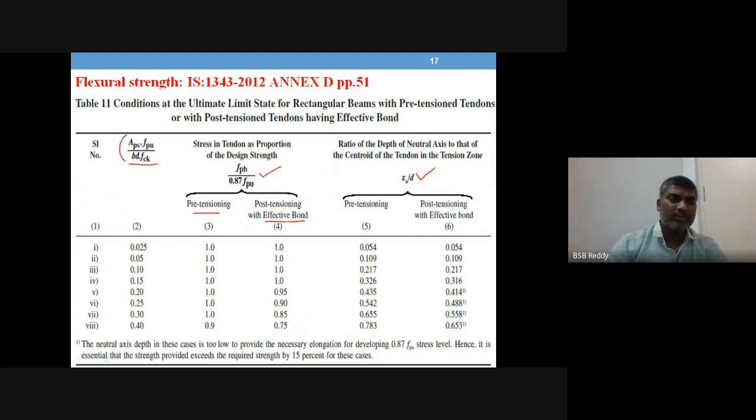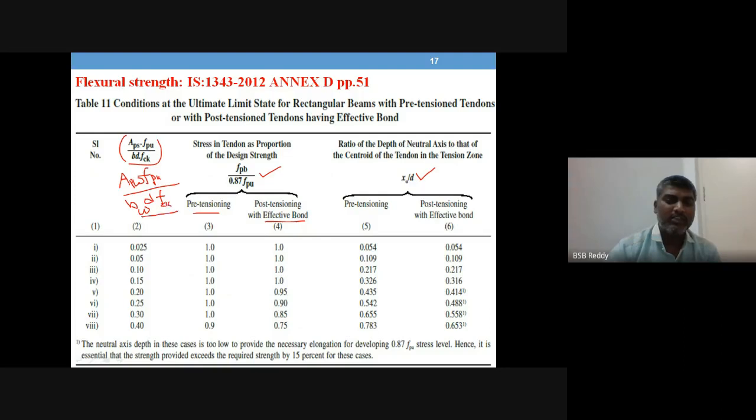Okay, so this is for flanged sections where the neutral axis lies in the flange. If it is falling in the web, instead of AP, you have to use APW, and FPU is as it is, divided by, instead of B, you have to write BW, D same, and FCK same.